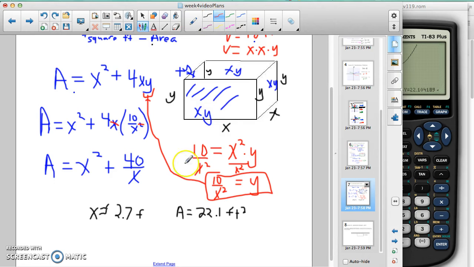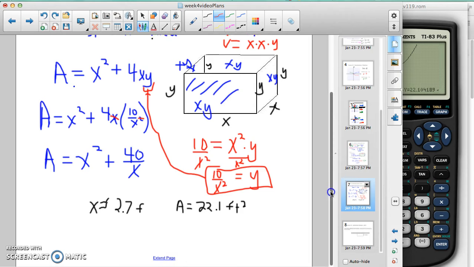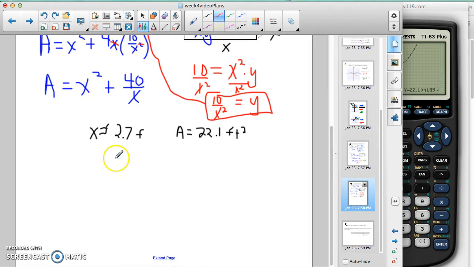So if I stick it back into that equation, I'd have 10 over 2.7 squared is equal to y.